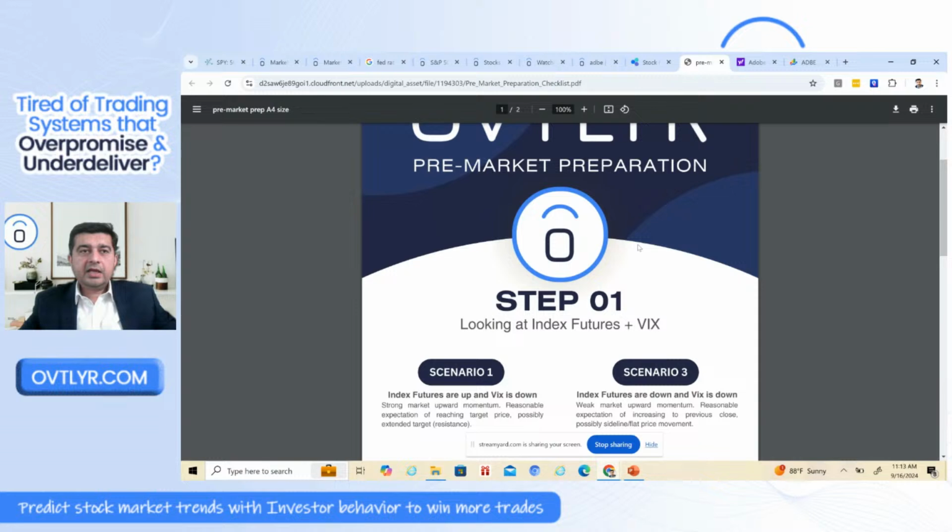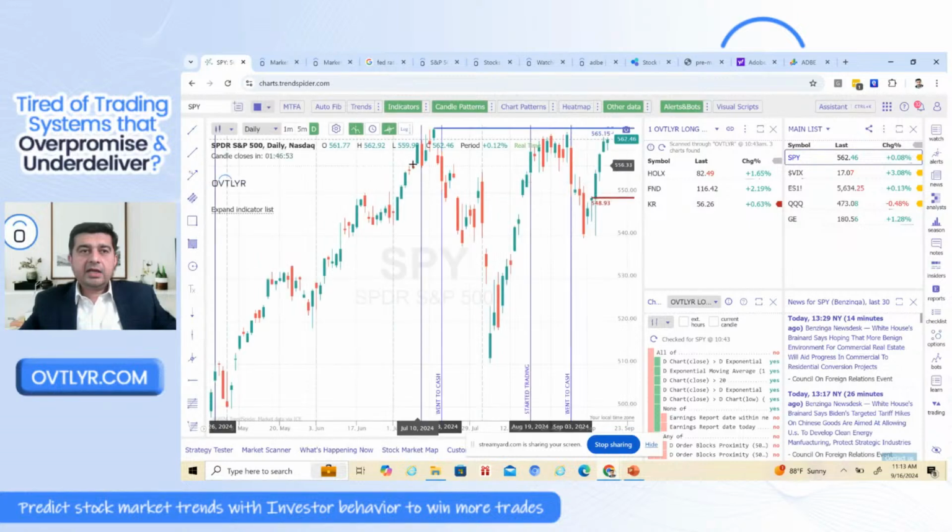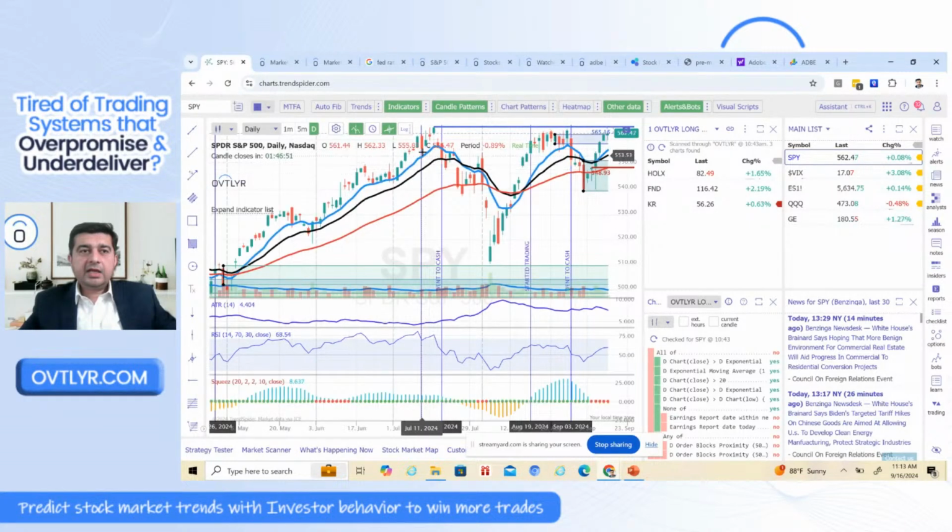Also, you're looking at some of these things which Chris shares, which are very, very good: when there's an event, when the price closes below the 20 MA, just get out, in my opinion.